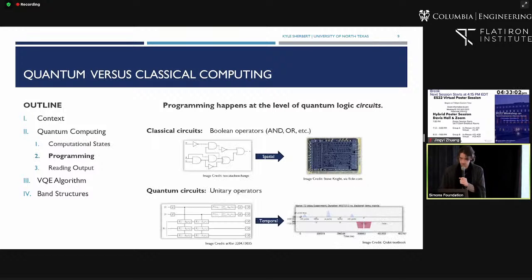And that has a big impact on how we think about programming the quantum computer. When you think of classical computer programming, you probably first think of things like Python or C, these high-level programming languages. But we have many levels of thinking about classical computation. The most useful one, especially for the gate model quantum computing, is these logical circuits.